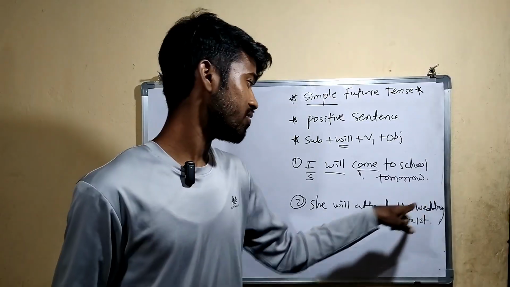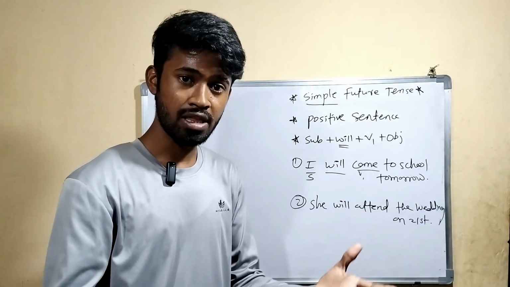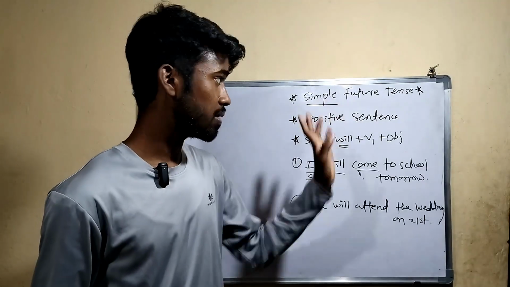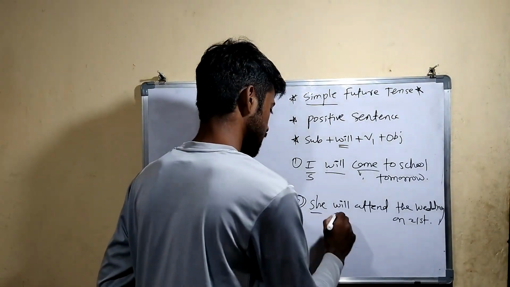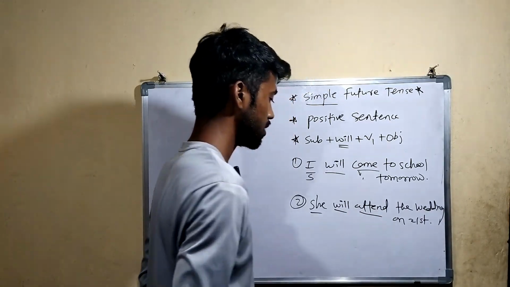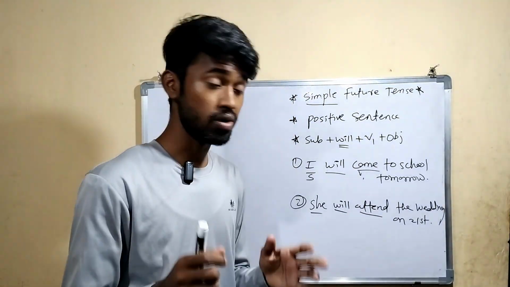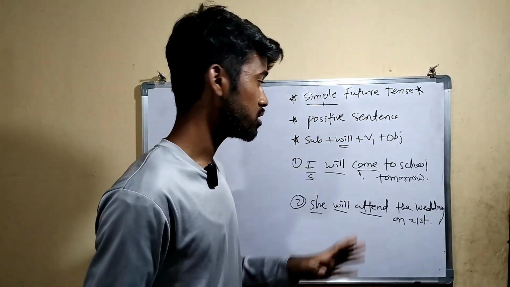So it is the wedding in the future, right? For that we are using simple future tense. Okay, what is the second example here? Now see, this is subject, this is will, this is the first form of verb, and remaining part is object. So this is how you are going to form the simple future tense sentences in positive.